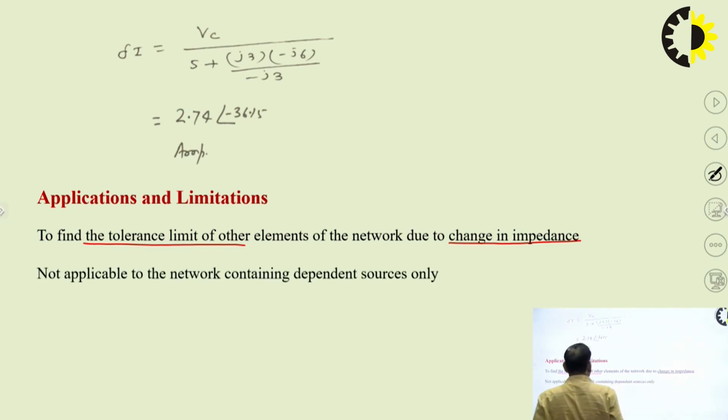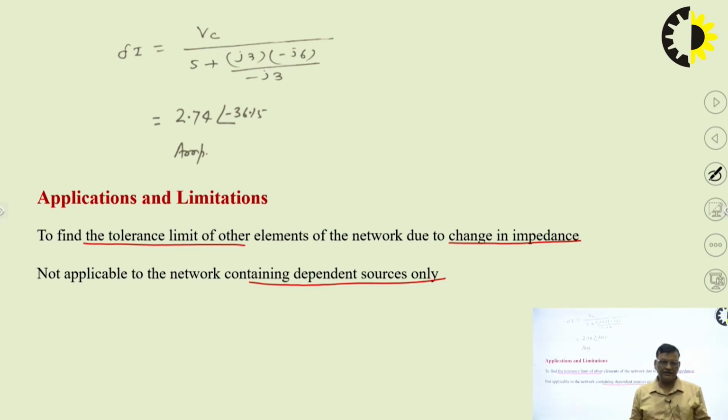Not applicable to networks containing dependent sources. If the circuit contains only dependent sources, there is nobody to supply, because these dependent sources depend on the independent sources.